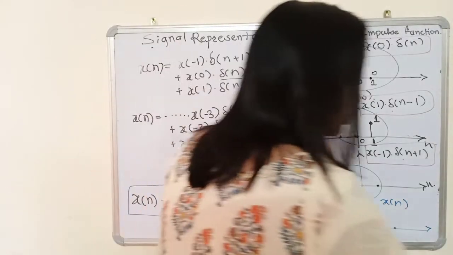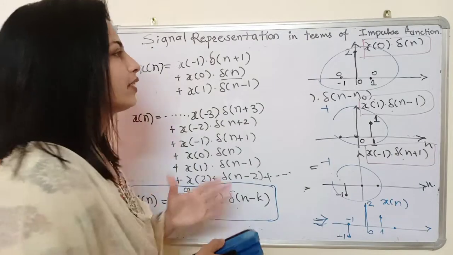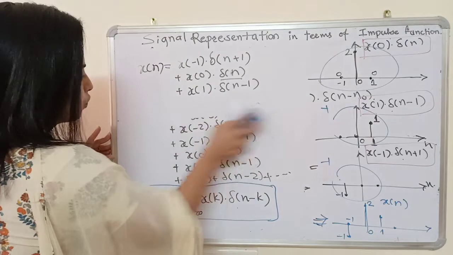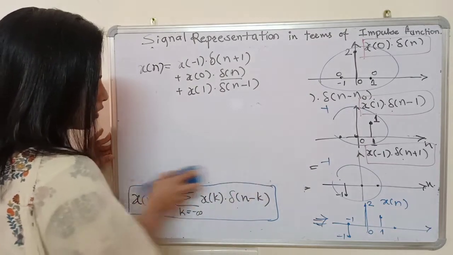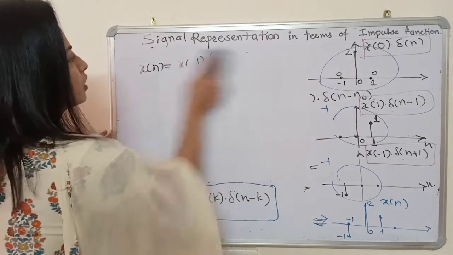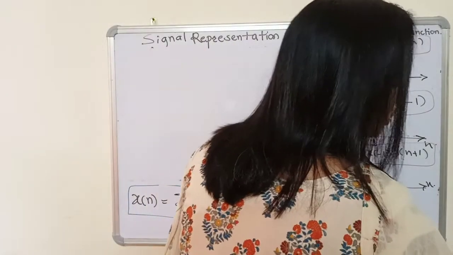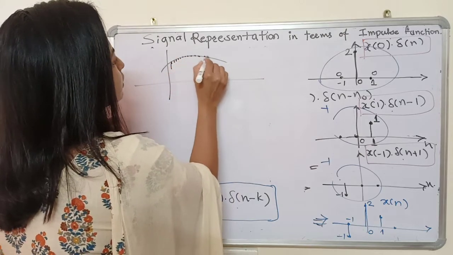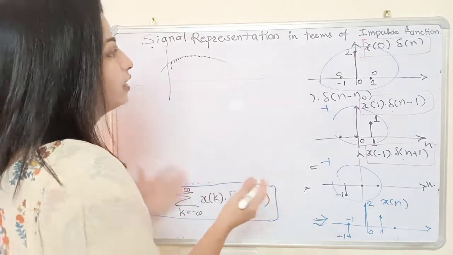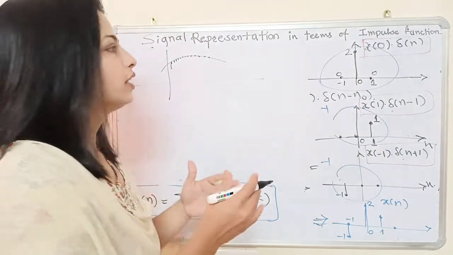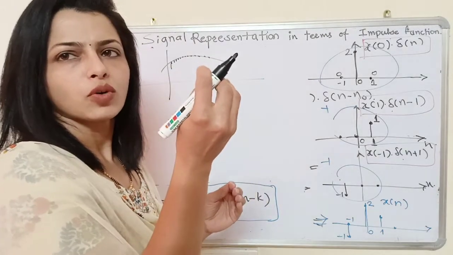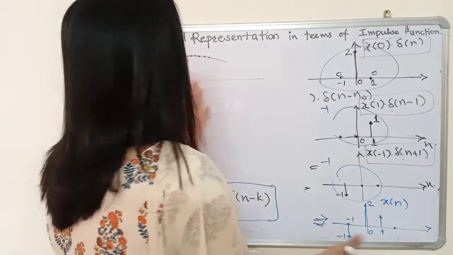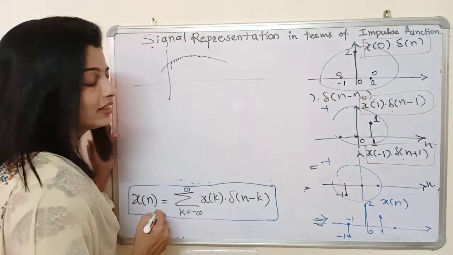Okay, so we're trying to represent a discrete time signal. So for writing a continuous time signal, we are having a continuous time signal which is having amplitudes at every instant of time, like this, every instant of time. So everywhere you have to multiply it by del of t, and you have to shift that del of t by very small fractions. So that multiplications can be many. So you need to take integration at that time.